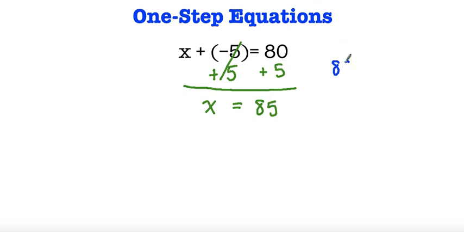So 85 plus negative 5 is equal to 80 because my signs are different here, so we subtract and we keep the sign of the number with the biggest absolute value. So because we got 80 and 80 here, we know that this is true, and we know that x is equal to 85.